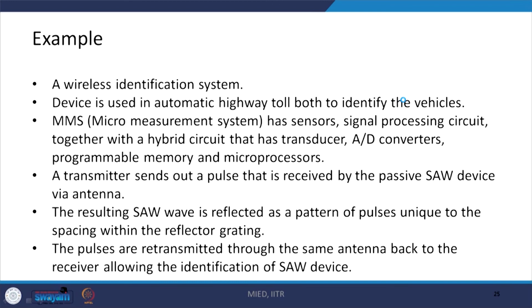So, how does this system work? The micro measurement system has sensors, along with the signal processing circuit together with a hybrid circuit that has the transducer, analog to digital converter, programmable memory and the microprocessor. Now, a transmitter sends out a pulse that is received by the passive SAW device via the antenna.